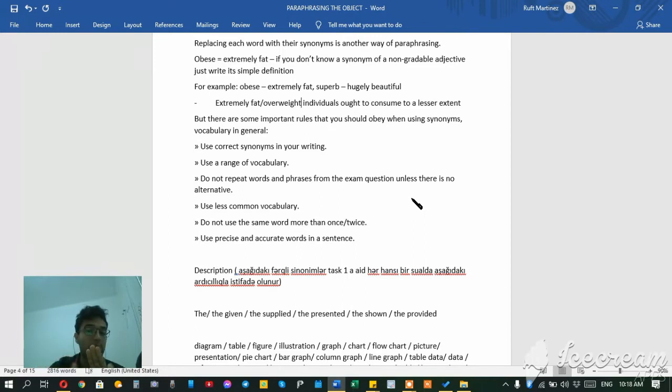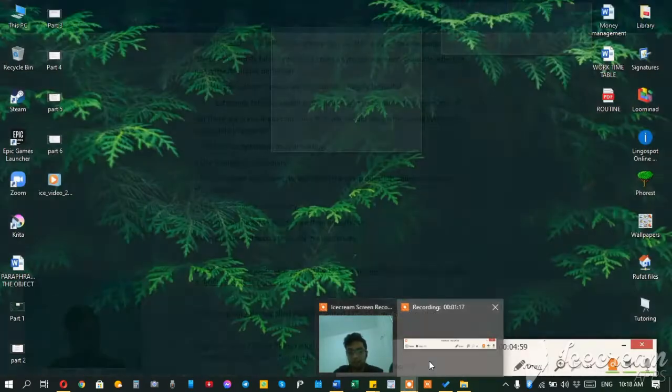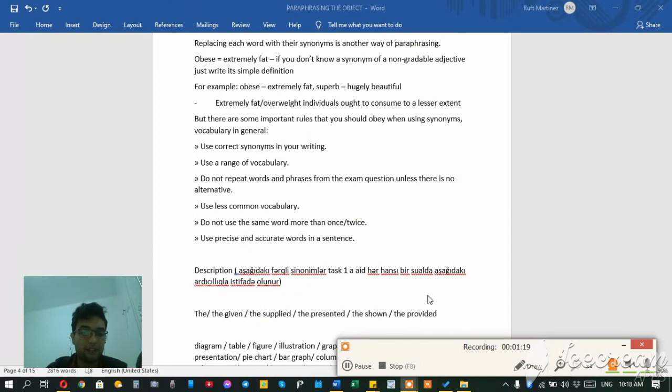Use the other forms of paraphrasing, passive voice or changing the form. Use less common vocabulary, which means don't use very easy words in IELTS. Use less common vocabulary, like words that are rarely used. They actually give you a good score on the basis of your vocabulary as well, along with the grammar.